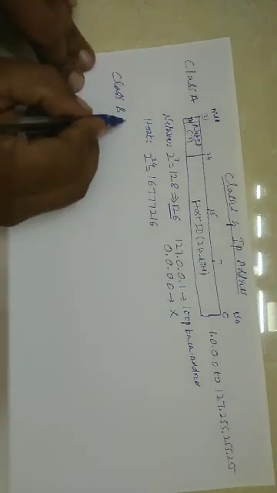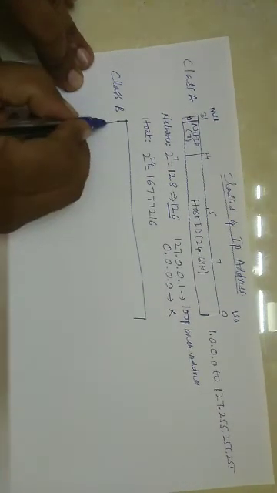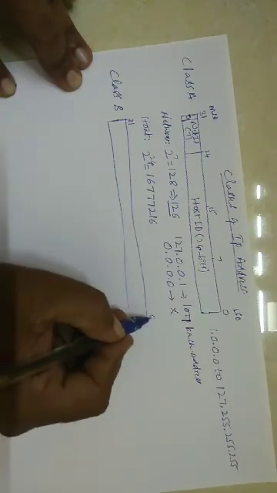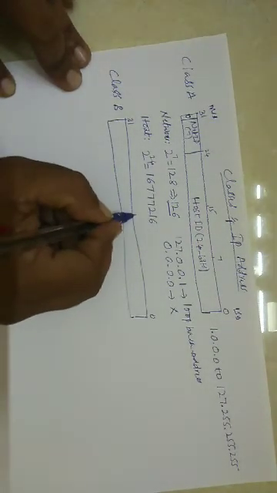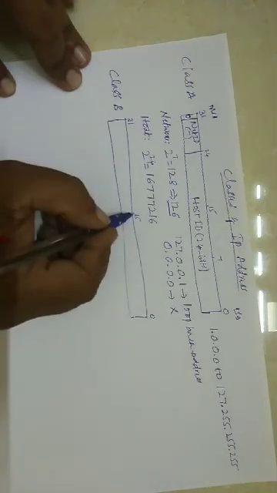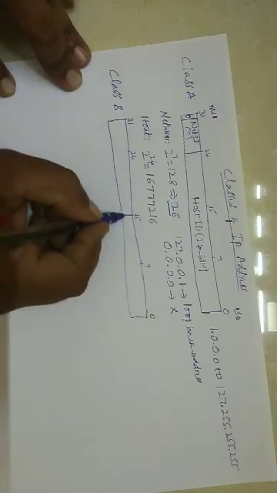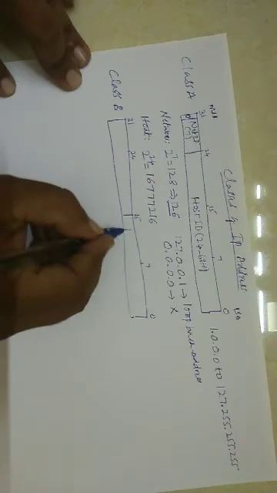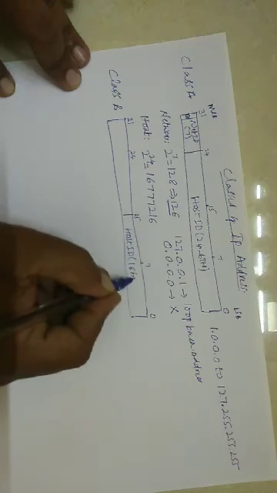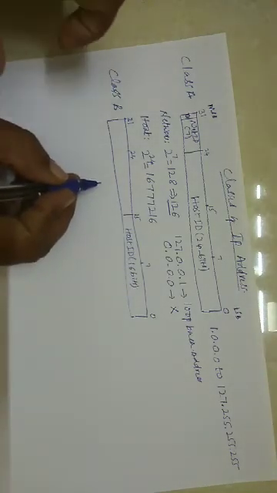As usual we have 32 bits, numbered 0 to 31. Among these, 16 bits we use for host ID and the remaining 16 bits for network ID.